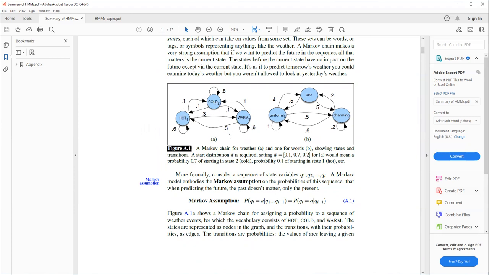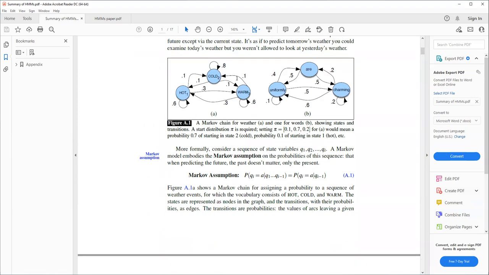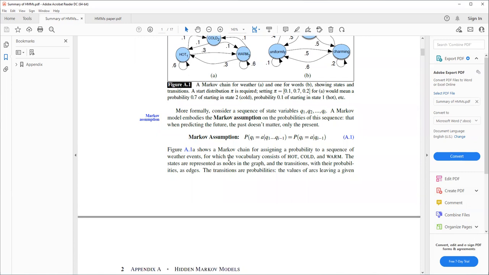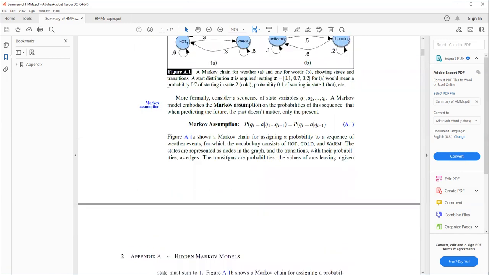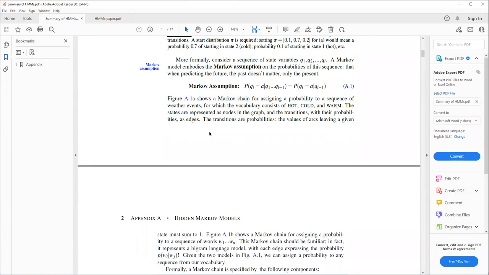And from that description, like you can see over here, you'll have to come up with the graphical representation of the model. And from that graphical description, you might be asked to compute the probability of a particular observable sequence, or that could be one question.